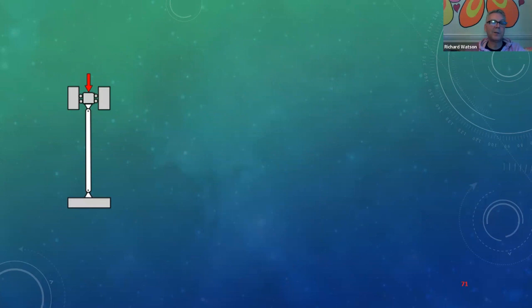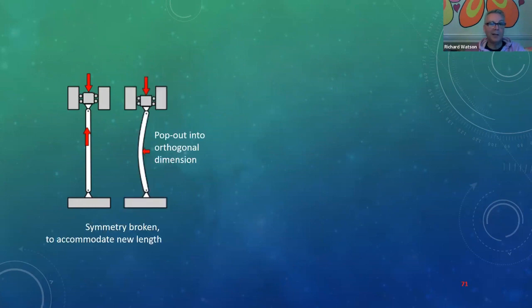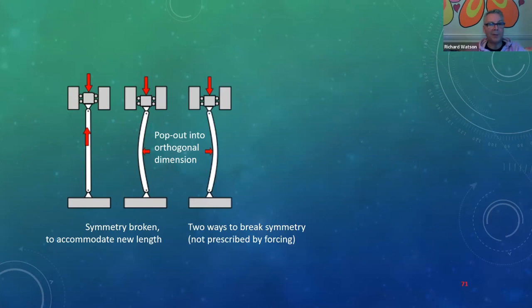When you push on the top of the strut, you apply a vertical force, the strut pushes back. But if you push harder, it gives way. It pops out into an orthogonal dimension. The symmetry is broken to accommodate the stress on the steel or whatever it's made of. Notice that there are two ways to pop out in that orthogonal dimension, like the two ways of solving XOR.